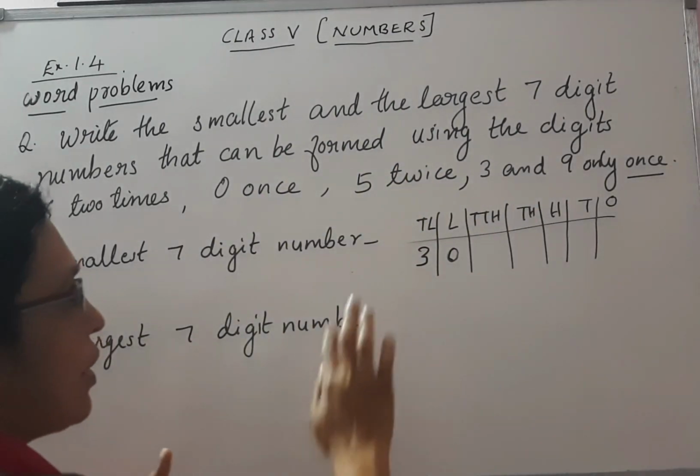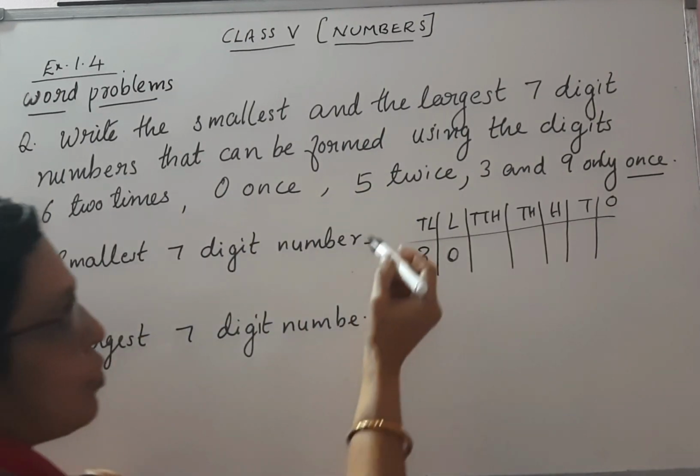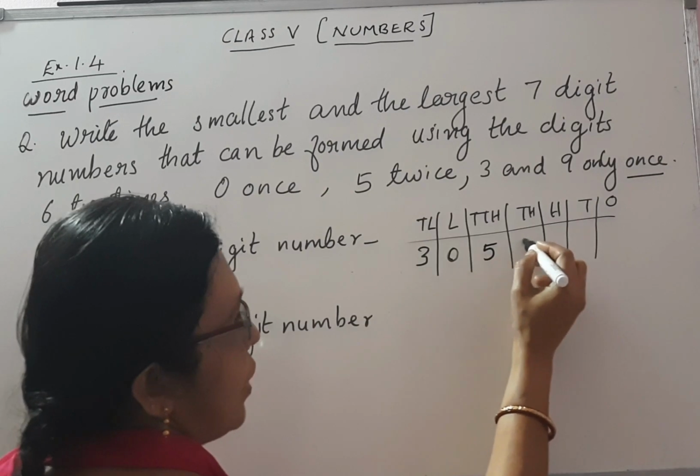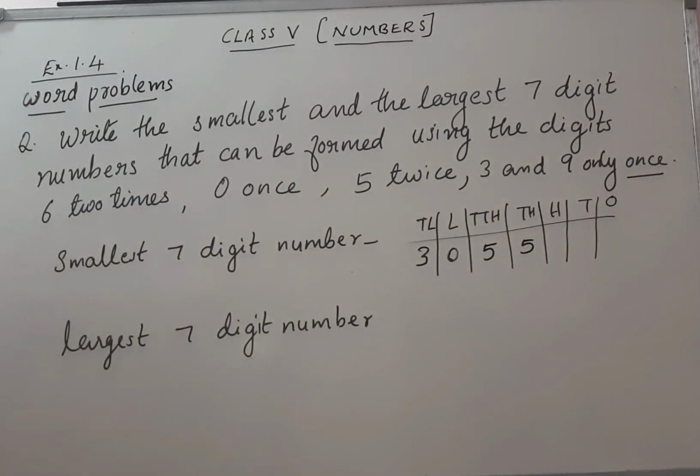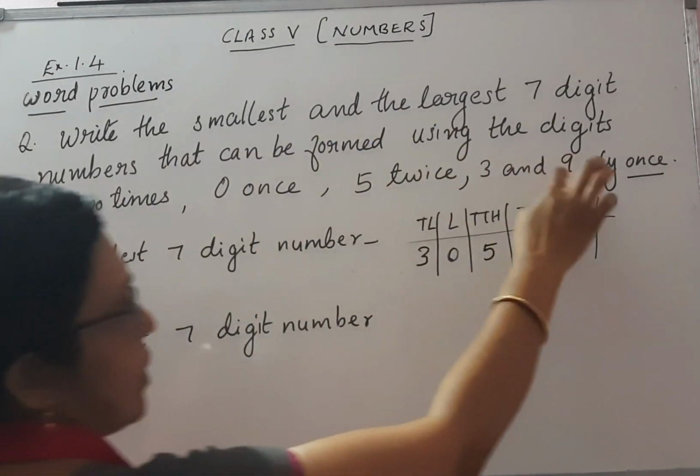We are writing in ascending order only. So we write 5. How many times should 5 come? Twice. So you have to write 5 two times. Next, which digits are left out? 6 and 9 are left out.